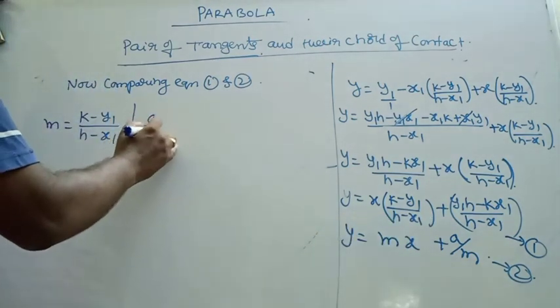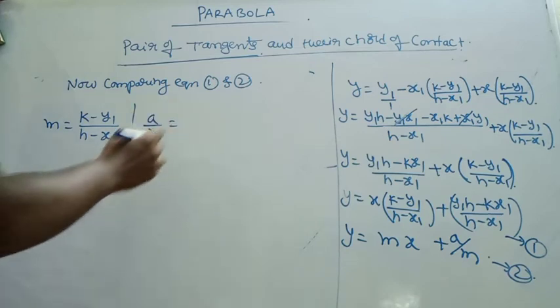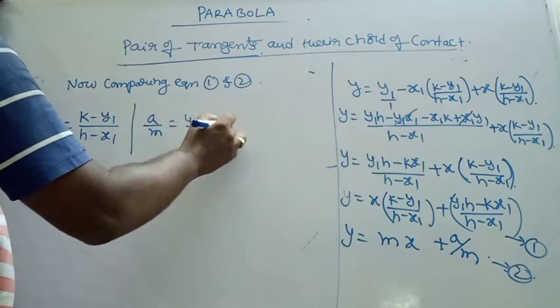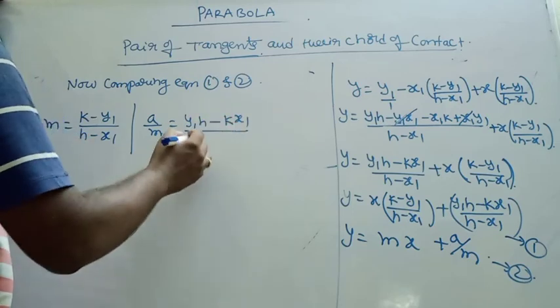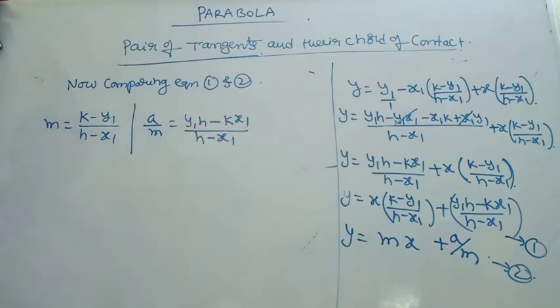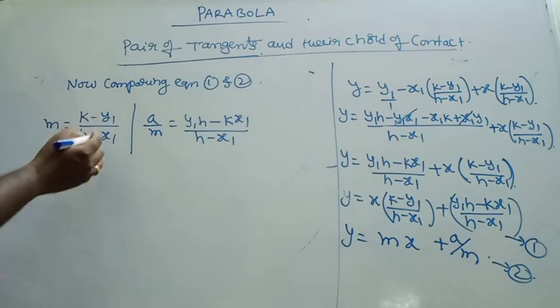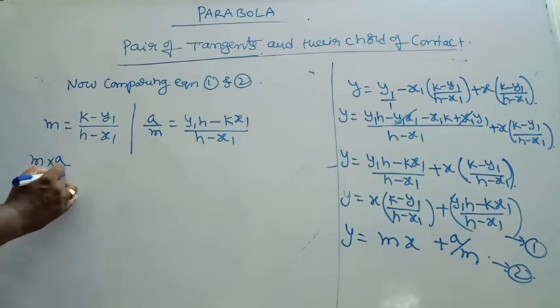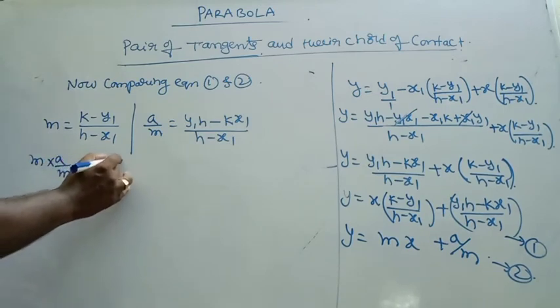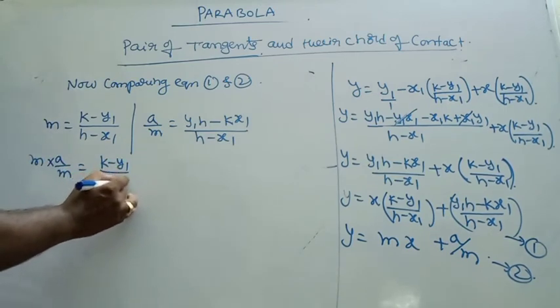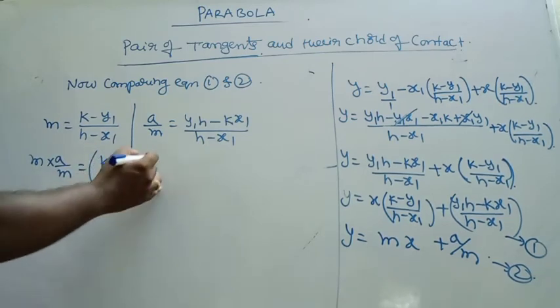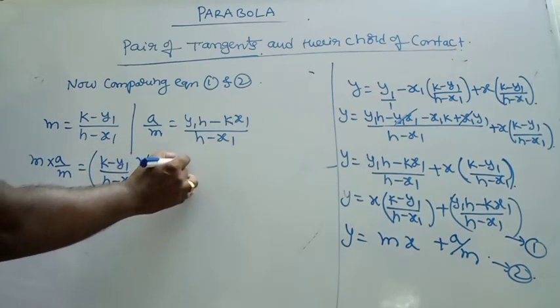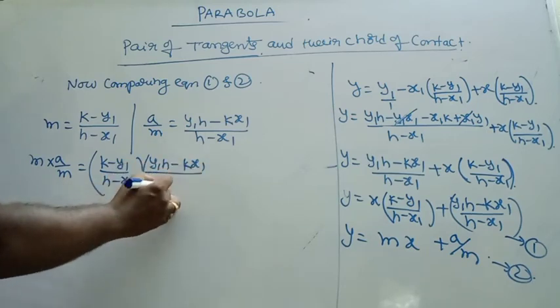And also here you have a by m equal to (y1h minus kx1) by (h minus x1). Now we eliminate the m value. We multiply m into a by m, which is equal to (k minus y1) by (h minus x1) into (y1h minus kx1) by (h minus x1).